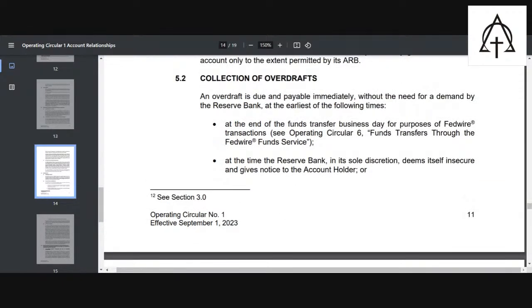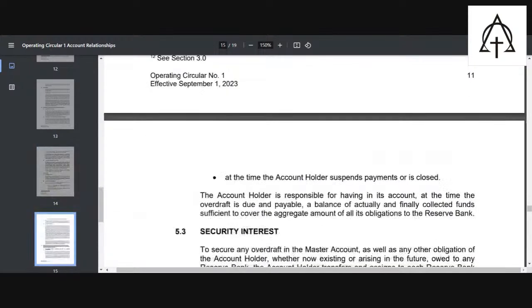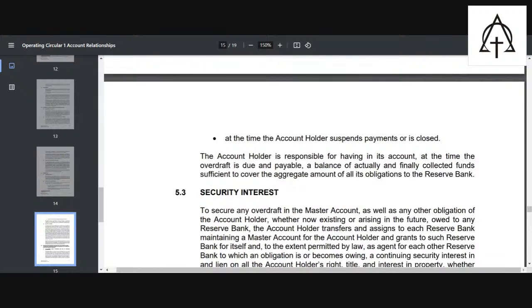This says at the end of the funds, or an overdraft is due and payable immediately. This is ambiguous and says at the time the account holder suspends payments or is closed. I would question that one. Or as you see, I am questioning that one. That language does not make sense.